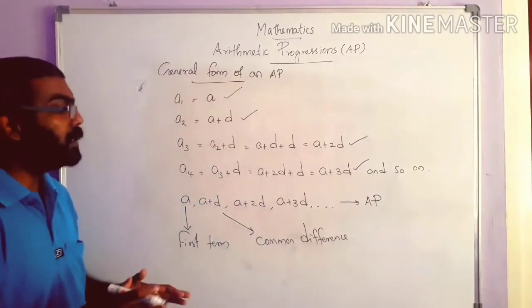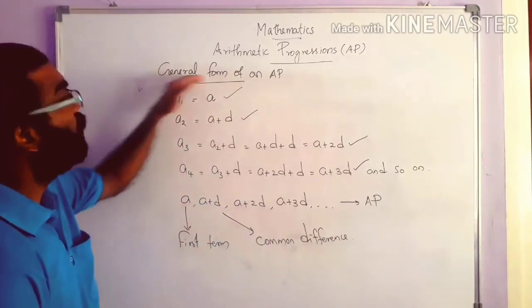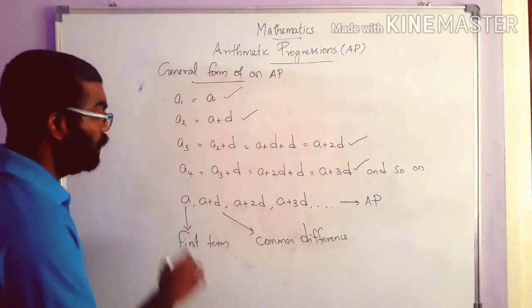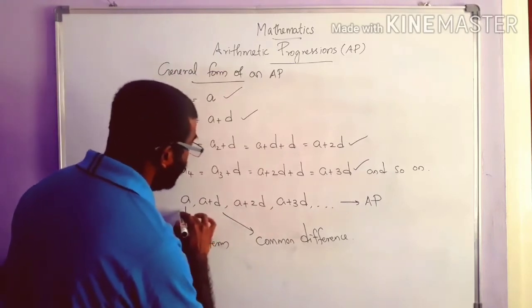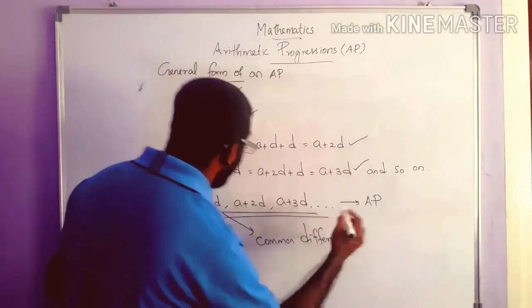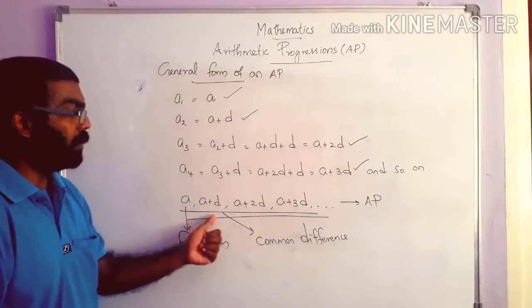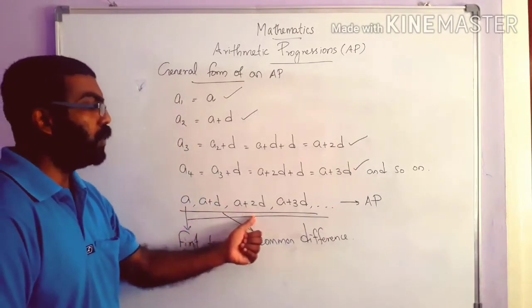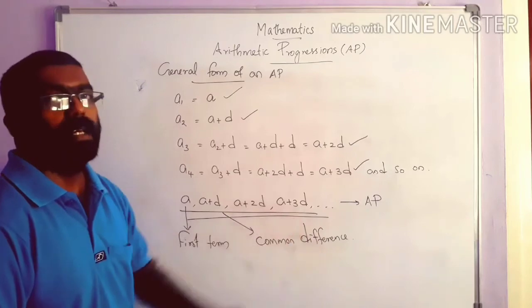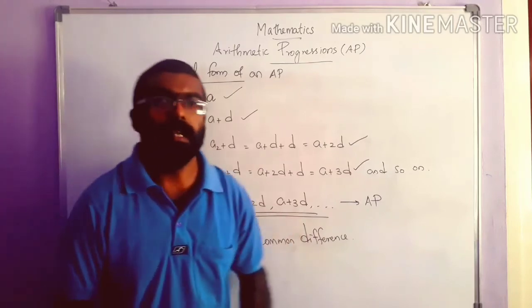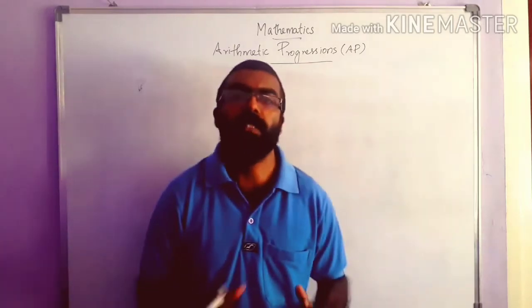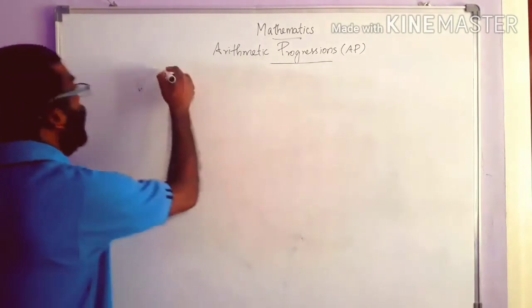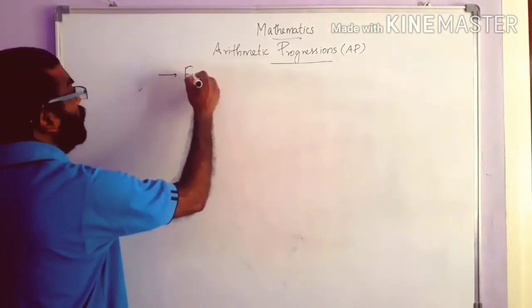This form is known as the general form of an AP. So the general form of an AP is A, A plus D, A plus 2D, A plus 3D, etc. Is that clear? Here we have two more definitions: finite AP and infinite AP.